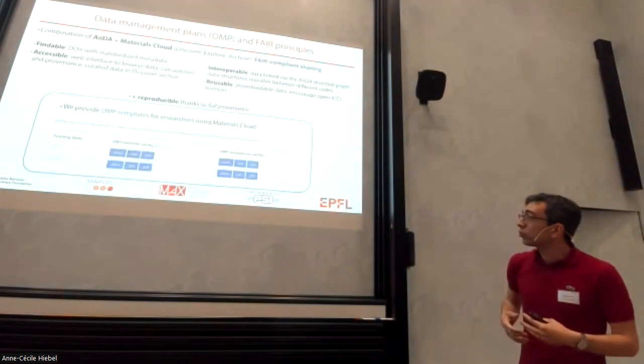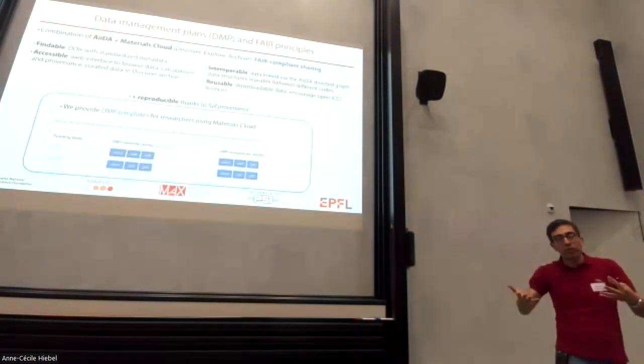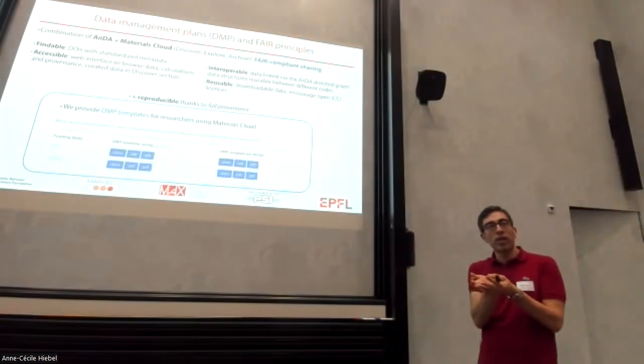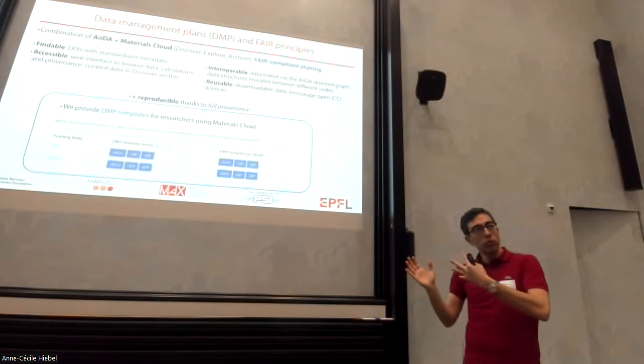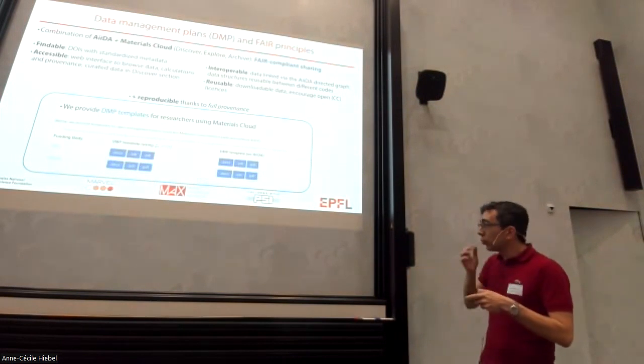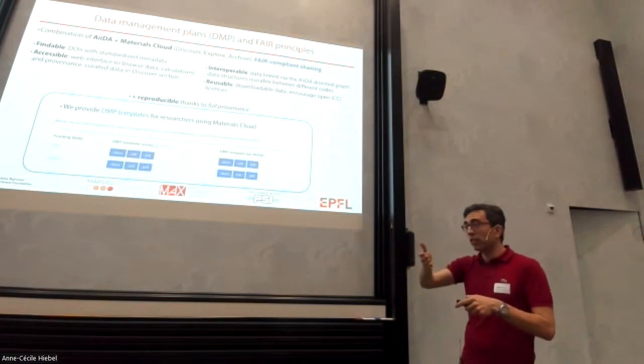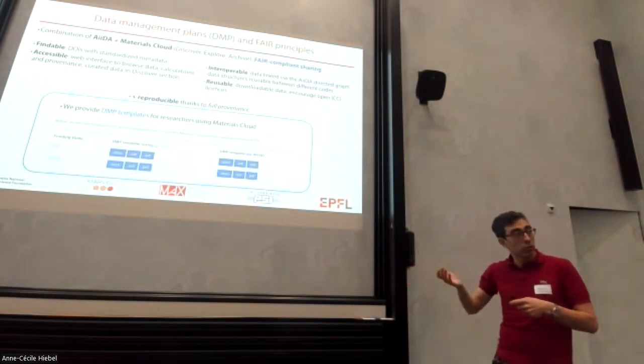And the final comment is also that since we also come from research, we are very interested not only in making data FAIR, but also in simplifying people's lives when they want to use these tools to write projects. And so we took inspiration from existing templates for data management plans for SNSF or for Horizon 2020 Europe.